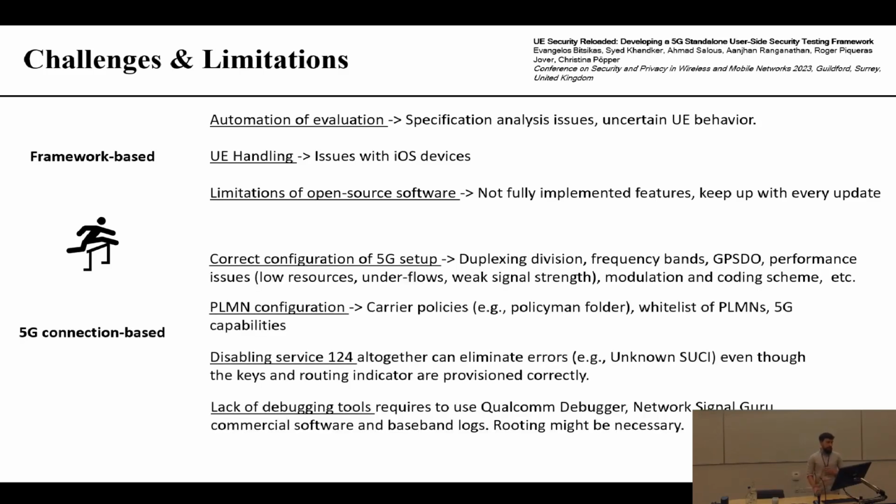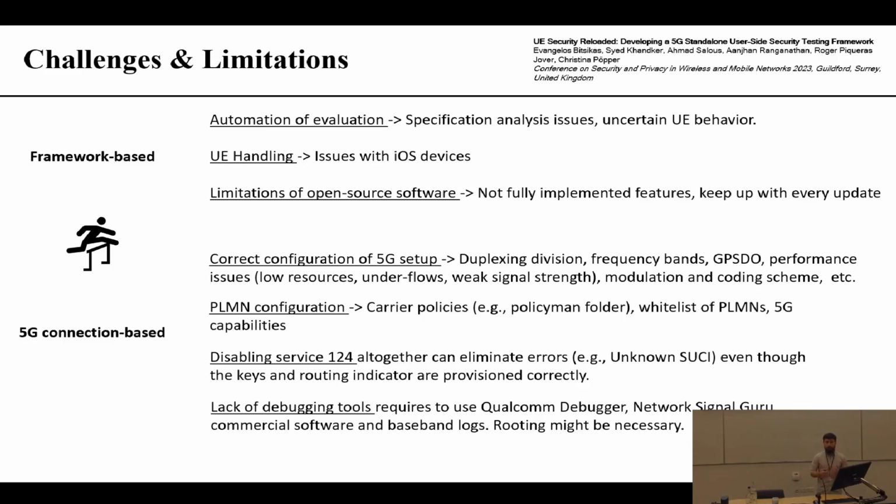For 5G connection based, we need to make sure that we have the correct configurations of the 5G setup. As I mentioned, it's not the same as on LTE, and each device may have different characteristics, making it very difficult to connect. For PLMN configuration, we have another problem here. We figured out that carrier policies are very strict on 5G, which means that there is a white list of PLMNs and 5G capabilities.